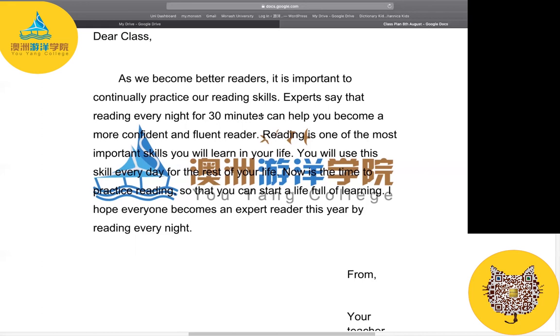Reading every night for 30 minutes can help you become a more confident reader, one of the most important skills you will learn in your life. You will use these skills every day for the rest of your life. Okay, thank you, Brady. You can stop there.